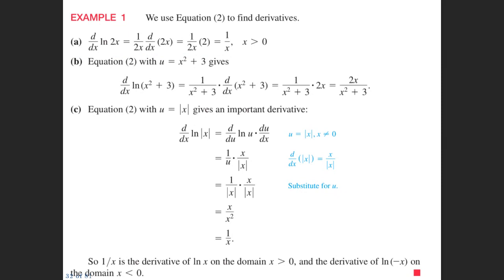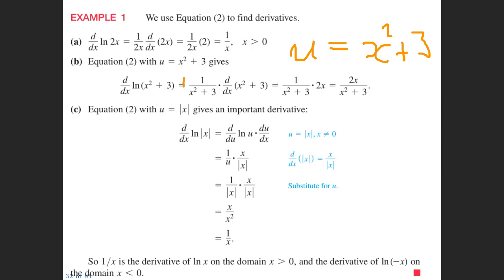Or we could use this formula for the derivative of ln of x squared plus 3. Same idea, but now we're using u equal to x squared plus 3.